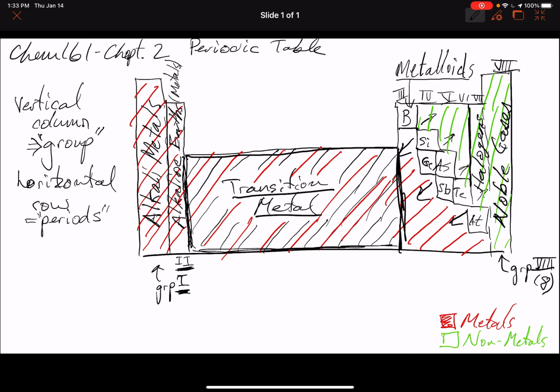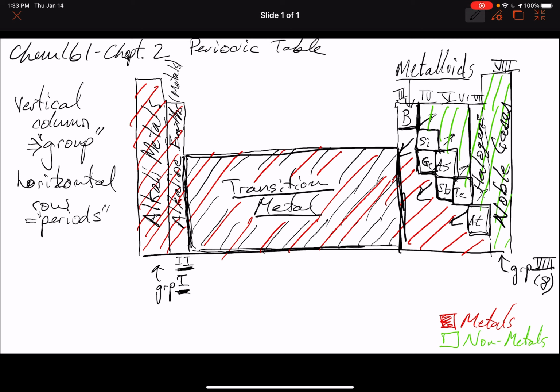It is a perfect staircase boundary starting from boron, walking across the periodic table all the way down and including At, the element At. And don't forget to include germanium and antimony, Sb, and you've got your metalloids.